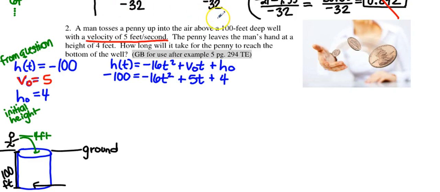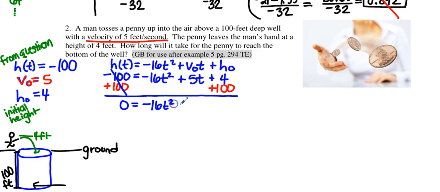So how am I going to make that happen? Well, I see a negative 100. What's the inverse operation, or the opposite, of a negative 100? That would be a positive 100. So we will add 100 to both sides. We get 0 equals negative 16t squared plus 5t plus 104.